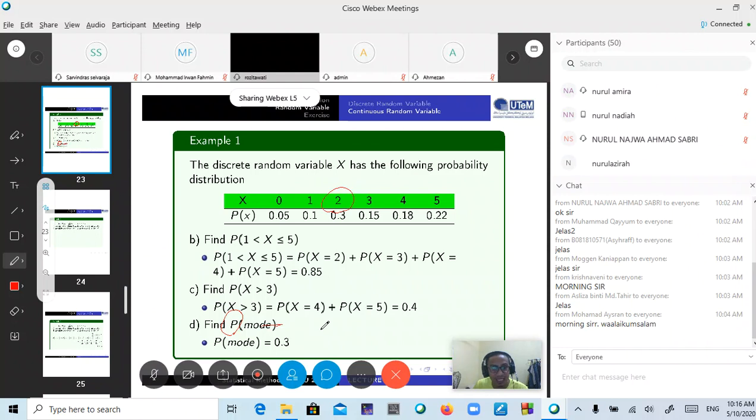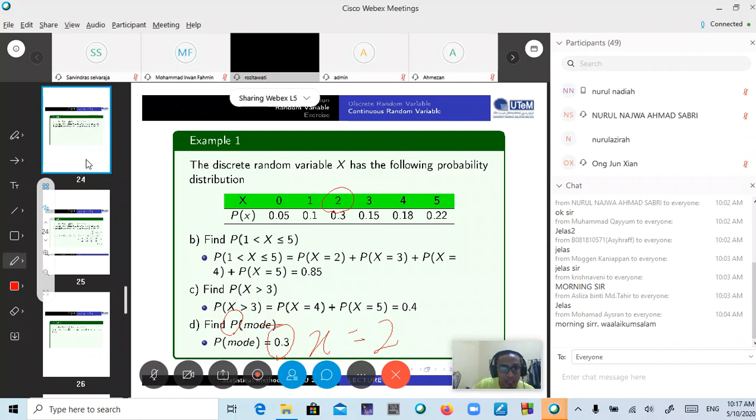You look for which probability is highest, and the highest probability here is 0.3. But since the question asks you to find mode, you must give your answer in terms of x, so in this case x equal to 2. But for question D, it asks you to find probability of mode, so you must give it in the form of probability, which is 0.3.